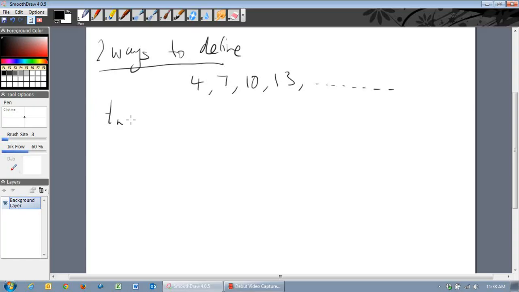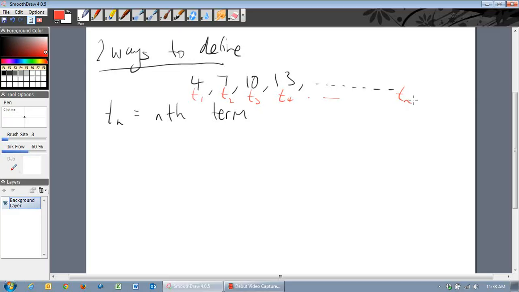Firstly, let Tn mean the nth term. Looking at this, that's the first term, so that would be T1. That's the second term, T2, third term, fourth term, etc.